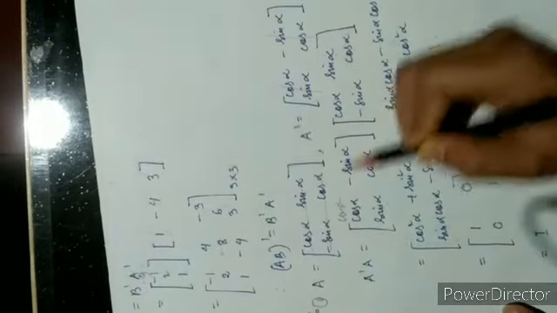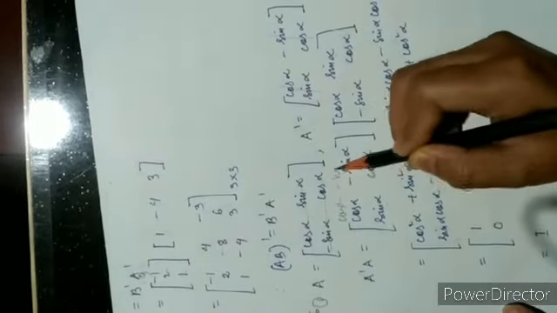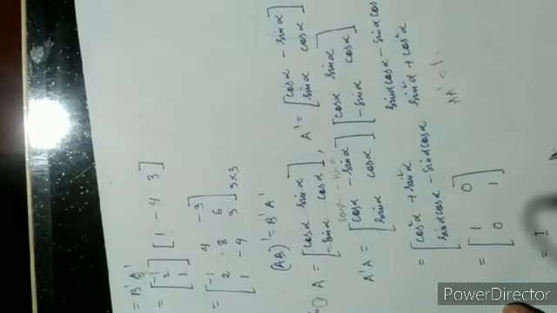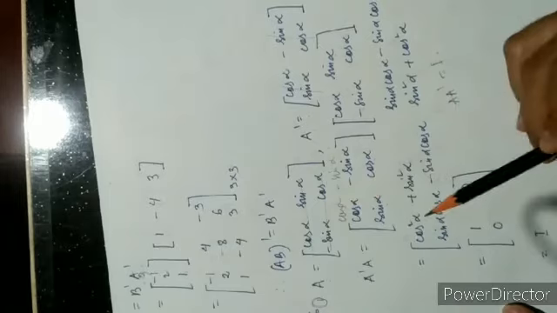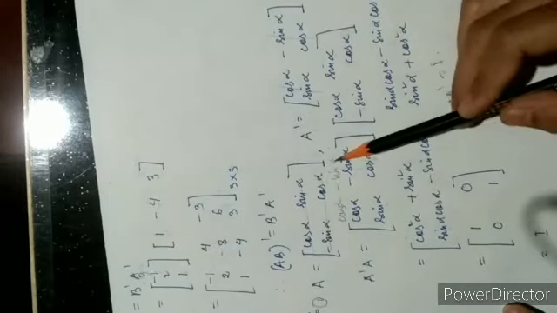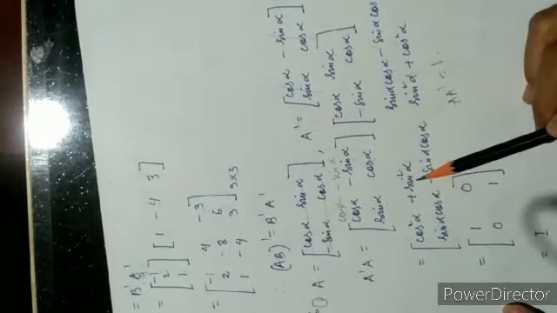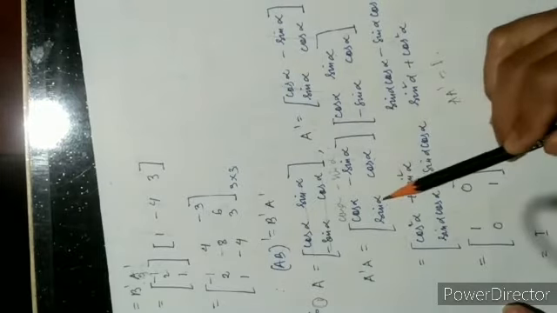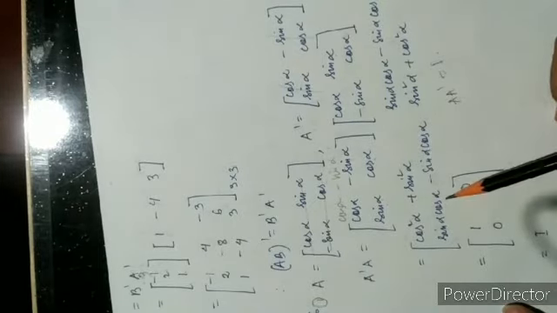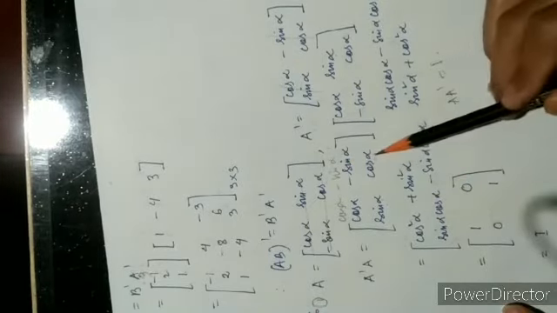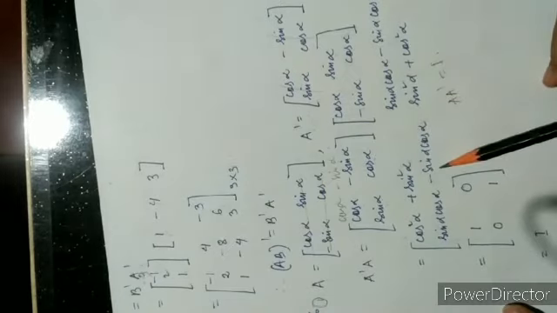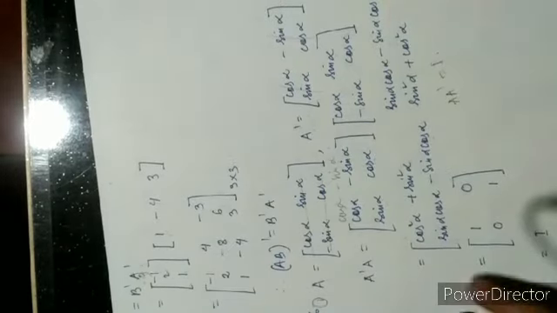Cos alpha into cos alpha gives cos square alpha, minus sin alpha into minus sin alpha gives sin square alpha. Cos alpha into sin alpha, minus sin alpha into cos alpha, which is equal to minus sin alpha cos alpha.